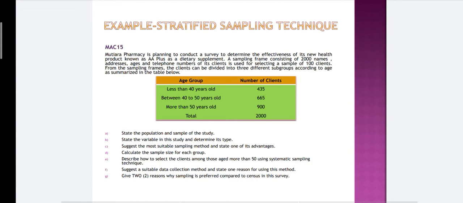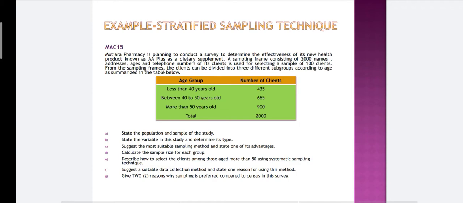Group yang ketiga 900 bahagi 2000 darab dengan 100. Saya silap tadi, dapat 45. So 45 tambah 22 first group tambah 33 second group, you akan dapat totalnya 100. Make sure bila you tambah ketiga-tiga sampel daripada 3 group tadi, you akan dapat 100 sampel.